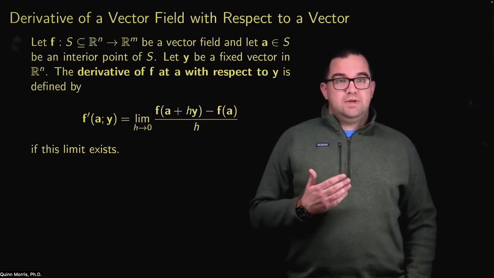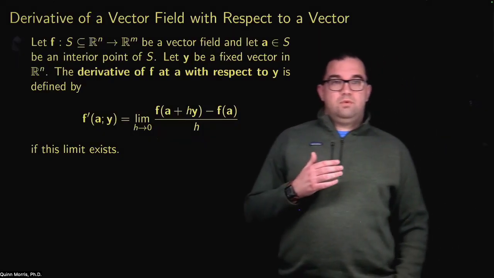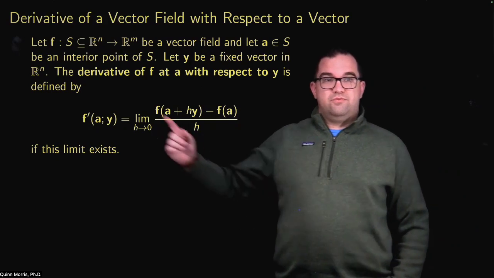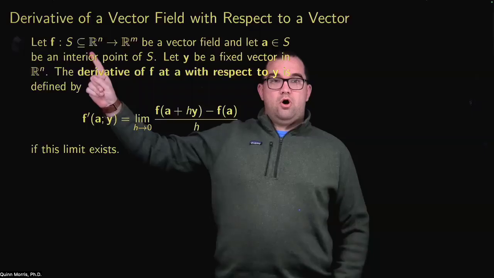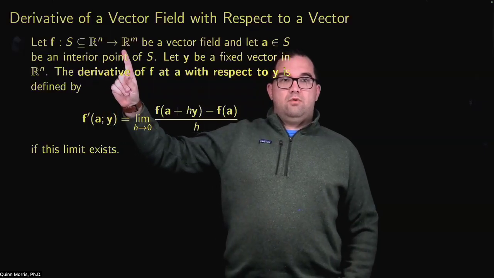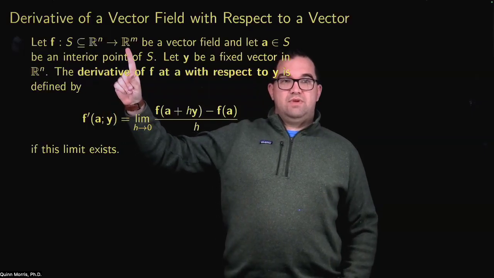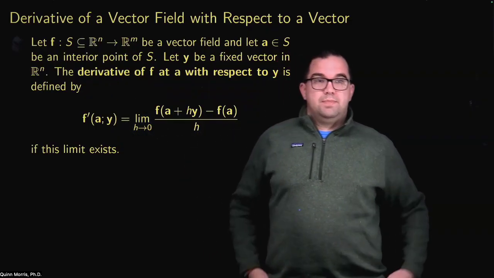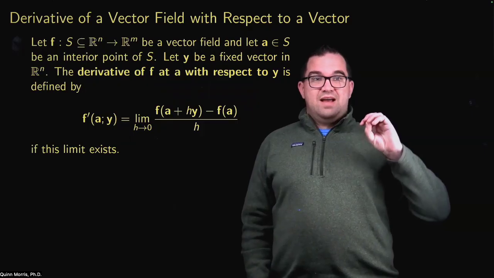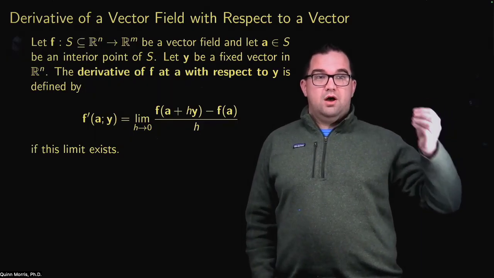So just as we did before, we want to consider an arbitrary vector field. You'll see the primary difference here: my domain is still R^n, but now I'm considering a vector field, so my range here is R^m. So we now have a vector valued function of multiple variables.